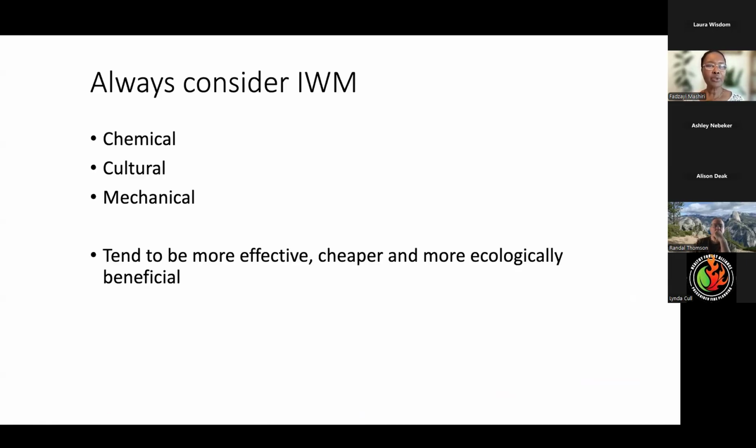So what I would recommend is focusing on using an integrated weed management approach, thinking about the tools that can be applied, and mixing and matching them in a way that can produce impactful results, while also minimizing ecological impacts on the environment that you are trying to control.